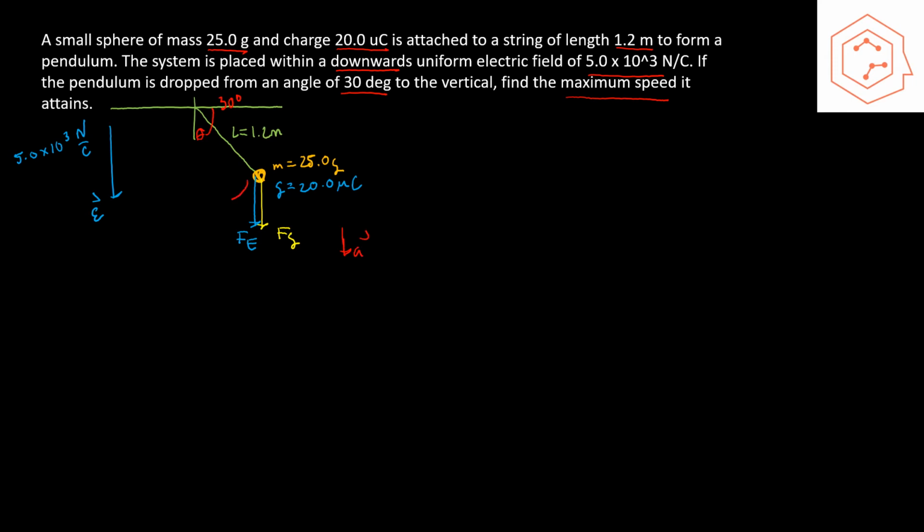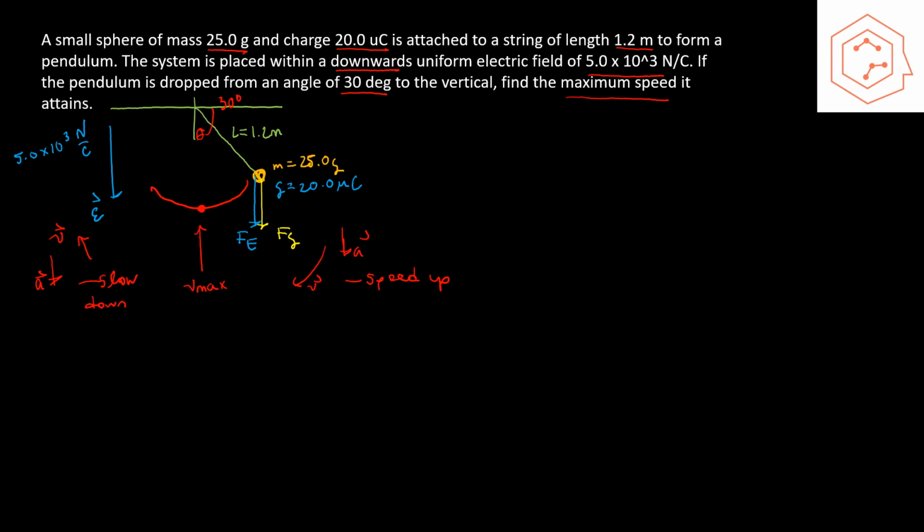In the first case, it's going to be traveling downwards, and so it's going to be speeding up because it's moving and accelerating in the same direction. And in the second half, it's going to be moving upwards, but still accelerating downwards, and so it's slowing down. And so the maximum speed is right in the middle, or the equilibrium position of the pendulum, and that's where the velocity is at a maximum.